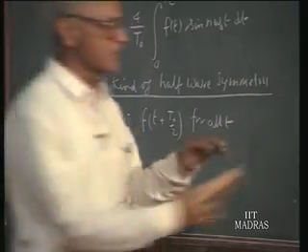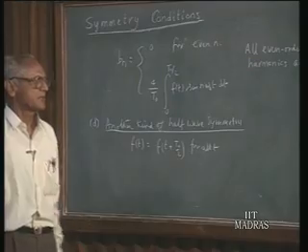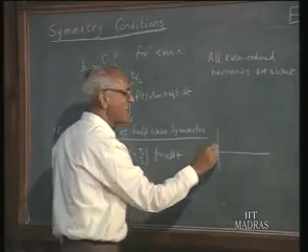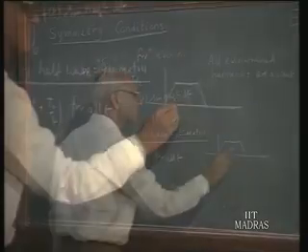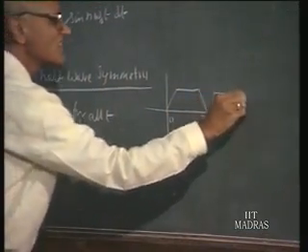Previously f of t plus T₀ upon 2 is minus f of t, now f of t plus T₀ by 2 is plus f of t, which would mean the same waveform if you have for 0 to T₀ upon 2, it repeats itself like this.